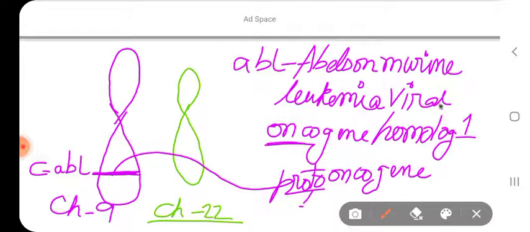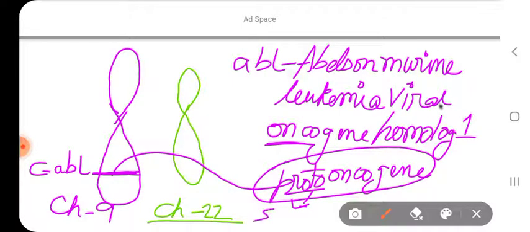There is an important region in this proto-oncogene and that region is the SH3 domain. Now if this SH3 domain is deleted, this proto-oncogene will become an oncogene and have that pathogenicity.